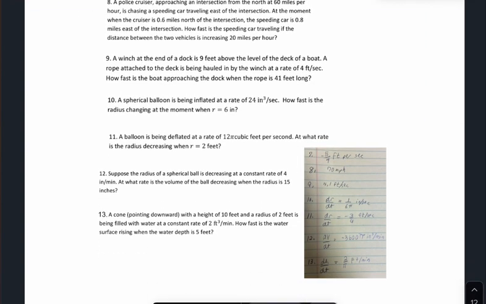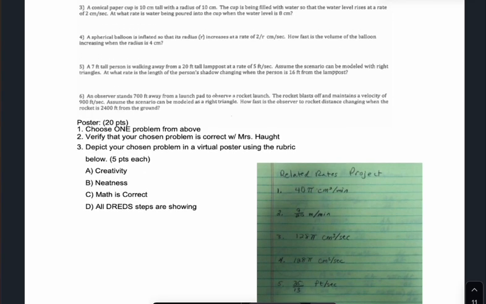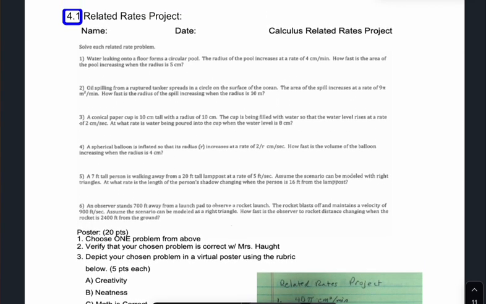There are 13 of you, and there are 13 problems, okay? I am going to have you pick a problem at random. You have to do all 13 problems. The answers are shown, but you are going to pick one to depict on a poster.